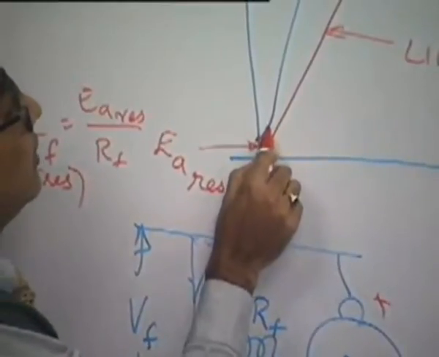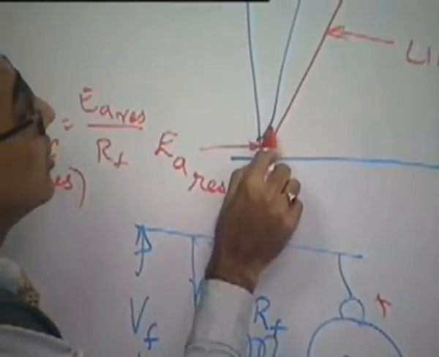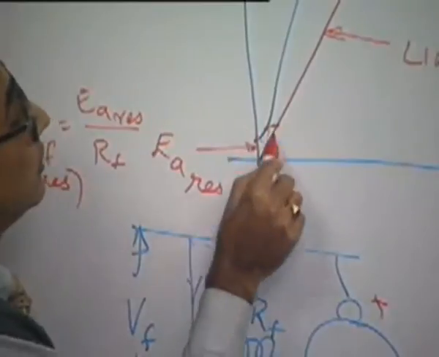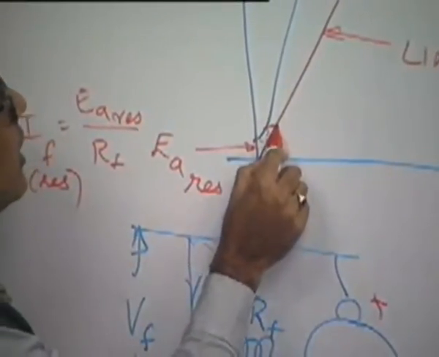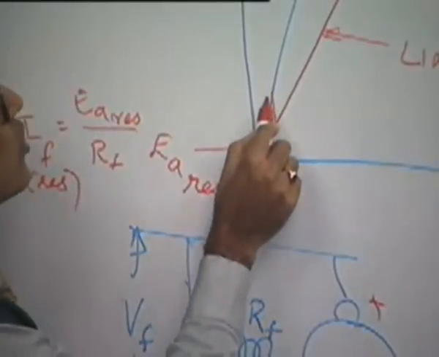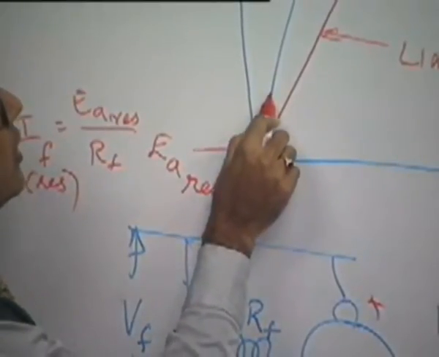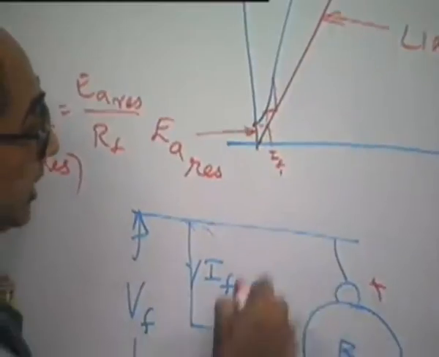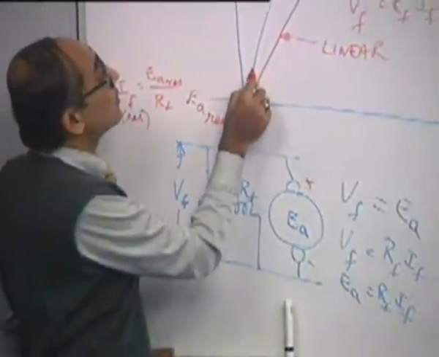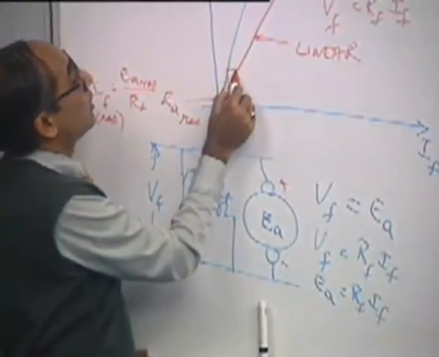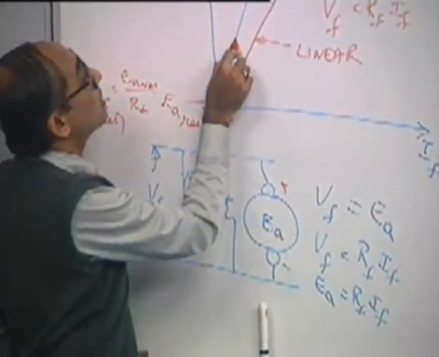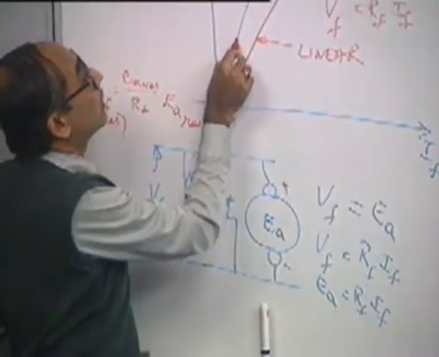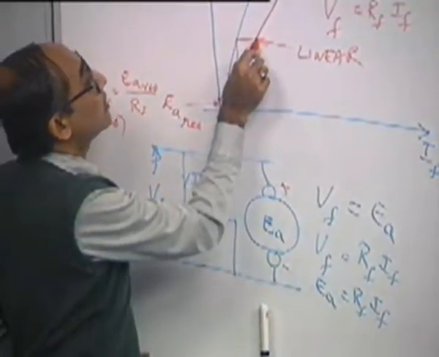Then there will be an increase in the field current, and that will again continue like this. So it will increase the voltage, and when there is an increased voltage, there is an increased current and an increased flux like this. For this increased voltage again there will be the same.